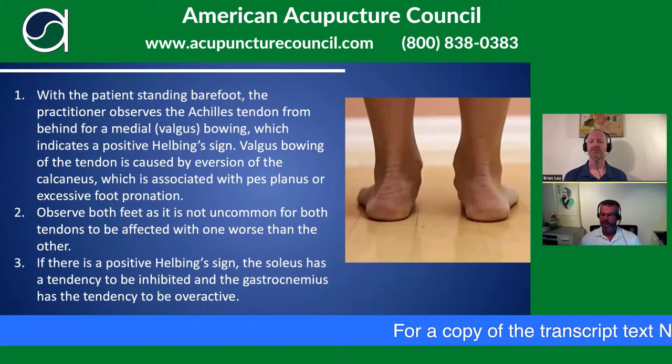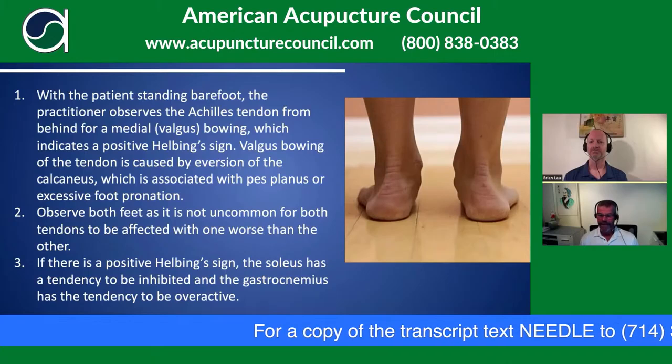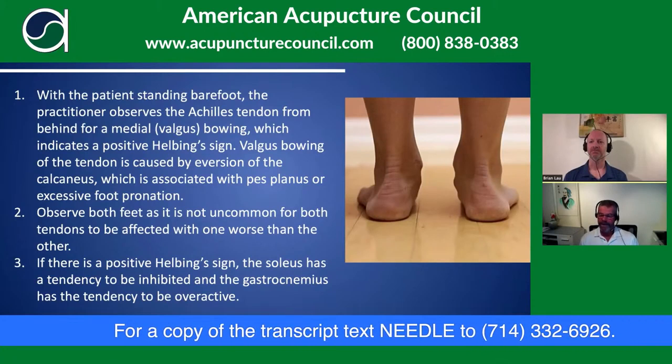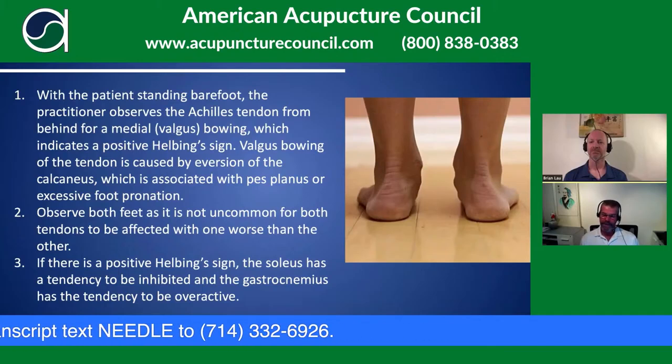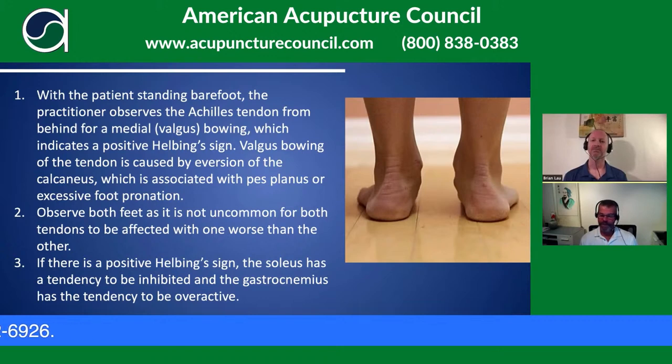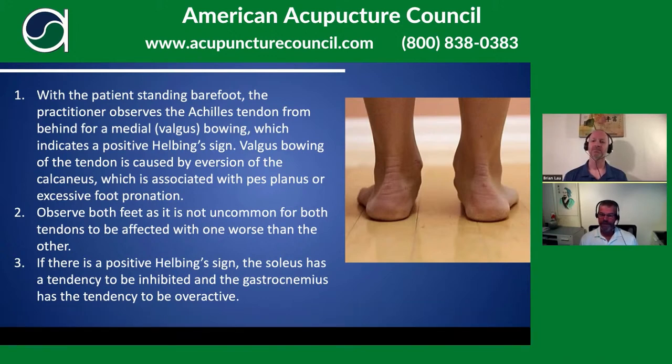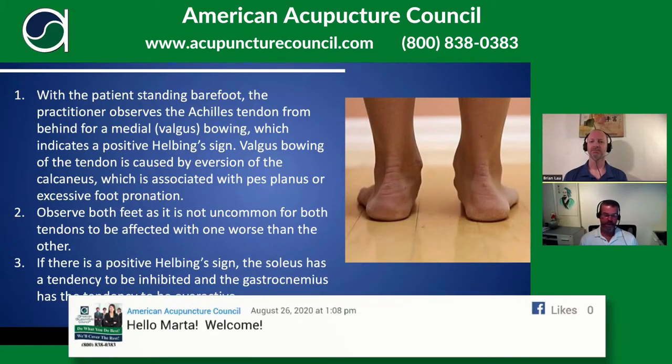So here we've got Helbing sign, the calcaneal eversion. So the calcaneus is tilting into an everted position. You've got a bowing of the Achilles tendon, as we discussed before. This can lead to a number of different injuries: tarsal tunnel syndrome, Achilles tendinopathy, etc. So looking at this Helbing sign is an indication for foot over pronation.